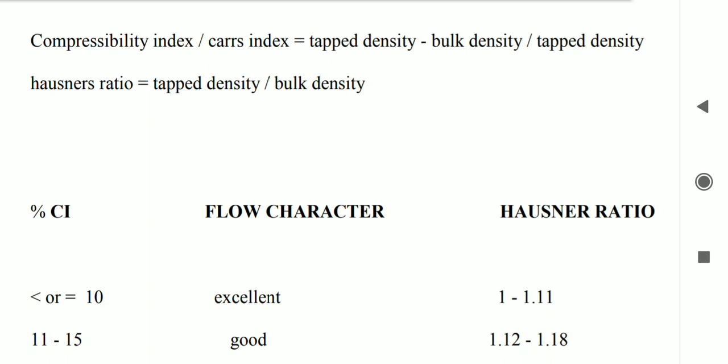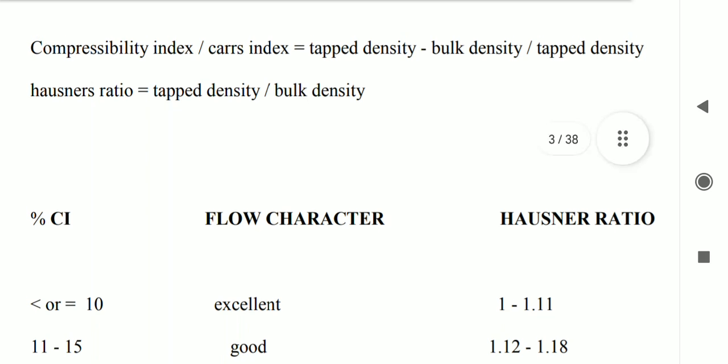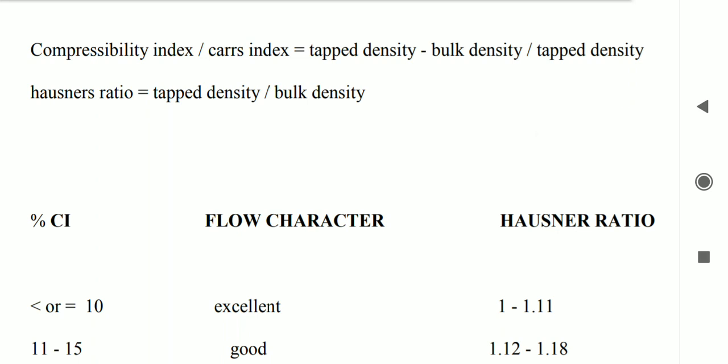Now think of a condition where tap density is the same for two materials, material A and material B. The lower part is the same for both, but the difference between tap density and bulk density gives the Carr's index difference.